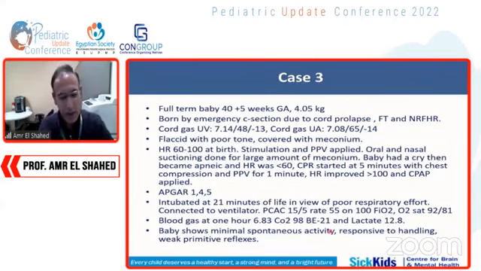Now, if I ask you this question: you have a baby who is encephalopathic, who is now ventilated with very high CO2, and who is in hypoxemic respiratory failure. You have a baby on 100% oxygen with borderline saturation on the preductal side and actually desaturating on the postductal side.